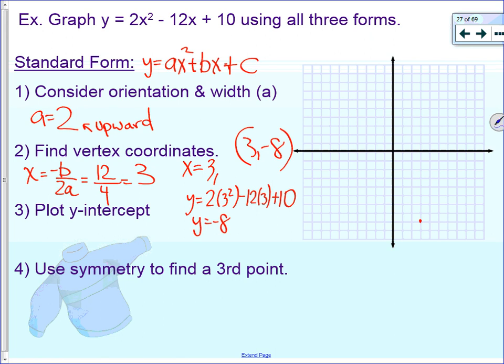I know my vertex is at (3, negative 8). I know my a value is 2. So from here, I can get two other points by going up 2 and over 1. Because the a value is 2, I can glean two points from it. And honestly, I can get a bunch more if I want to just kind of follow the direction of the parabola. But I really can also take another thing into consideration.